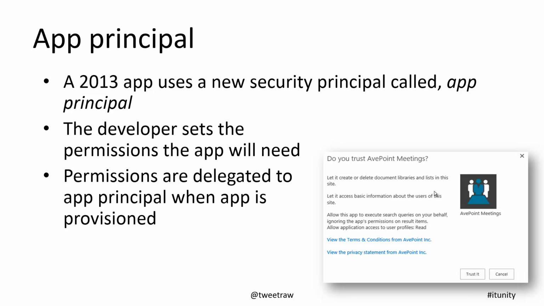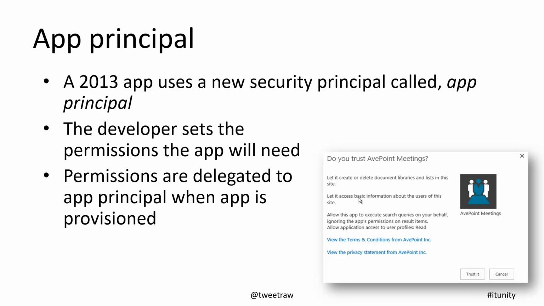Whatever permissions the developer has asked for, when you trust it, you're actually granting the application those permissions. So that's really what trust means in this concept. Do you trust the developer who wrote this application to use those permissions in a proper way? Those permissions will be listed on the actual screen that you're seeing. So what access it's asking for is the access that you're going to be granting.